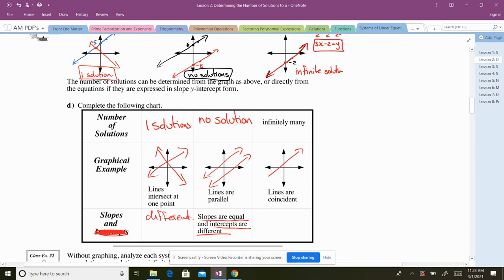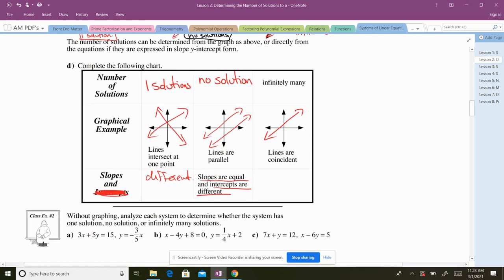Infinitely many, basically it's one line because they're right on top of each other. They have the same slope and the same intercept.